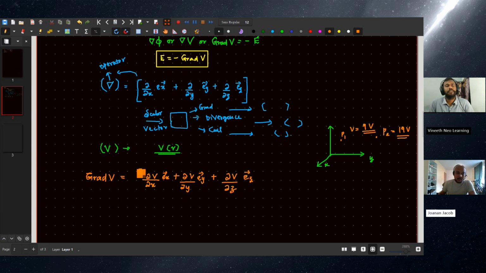So the output of gradient is always a vector.